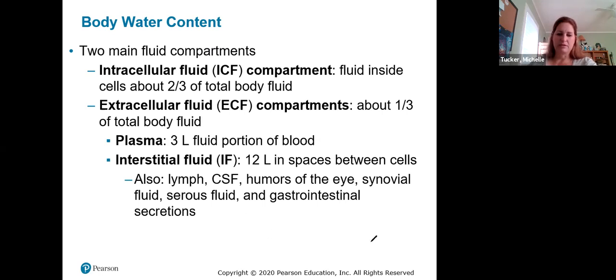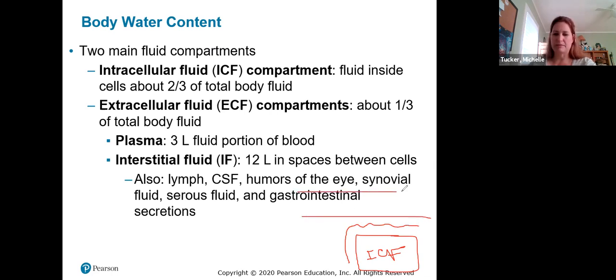Just to make sure that we are all on the same page, we have intracellular fluid. And then we have the surrounding fluid. It's in between cells. It's between the cells and the plasma, and that is interstitial fluid. And then we have plasma.